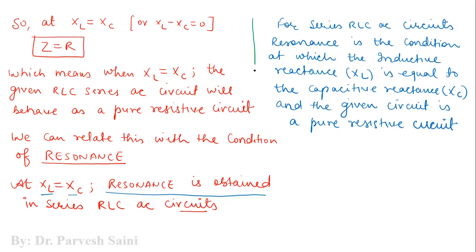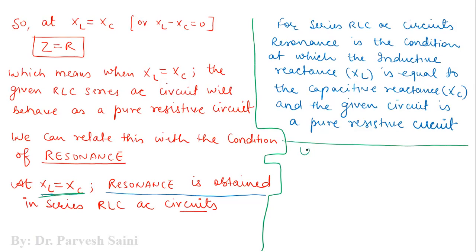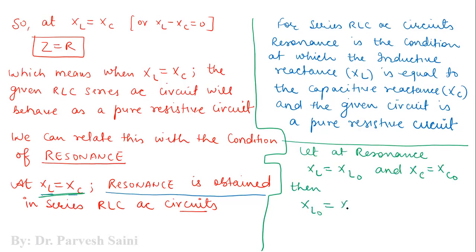Now, this is one definition for resonance in series RLC AC circuits, and because our XL is equal to XC, this is the condition here. Let us say at resonance XL is equal to XL naught and XC is equal to XC naught, then XL naught is equal to XC naught.